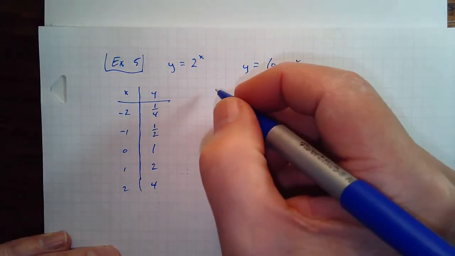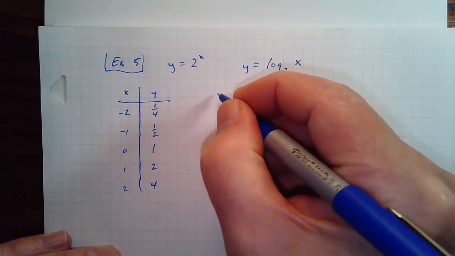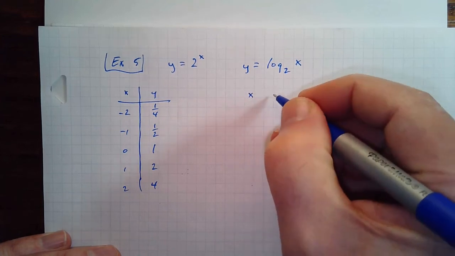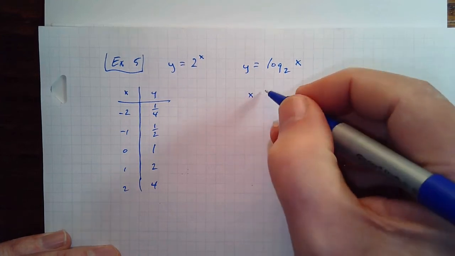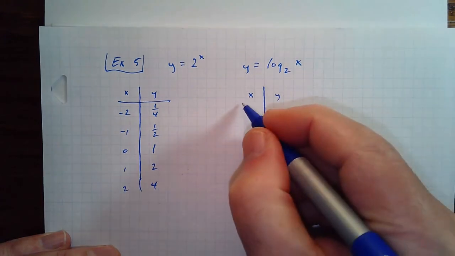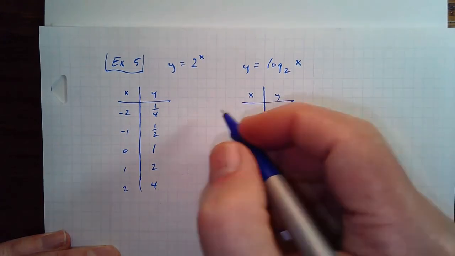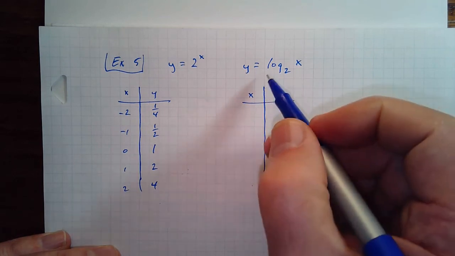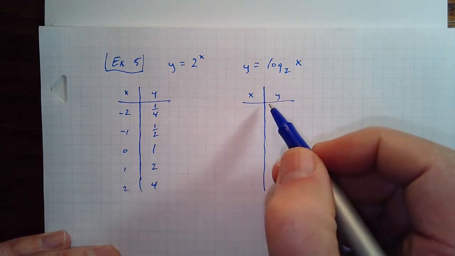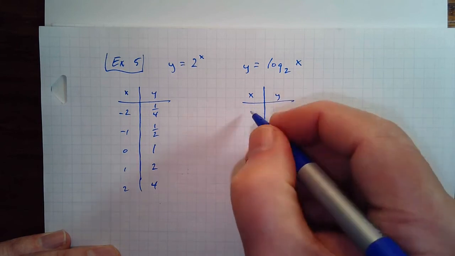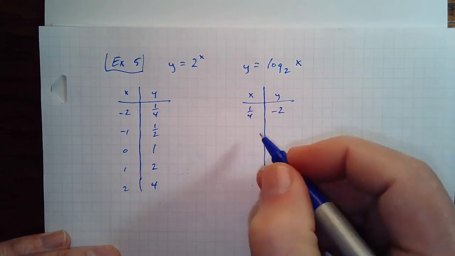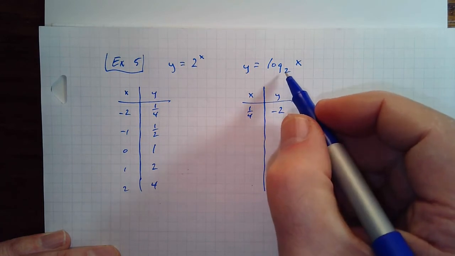So now I can figure out my x and y's for this equation. And that I can do by simply just flipping the x and y. Remember, inverses have the x and y interchanged, so we can use that to quickly figure out ordered pairs for our new logarithmic function.